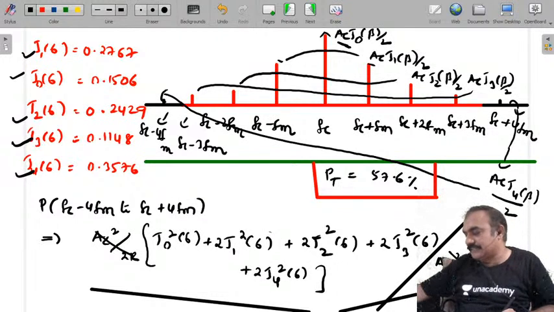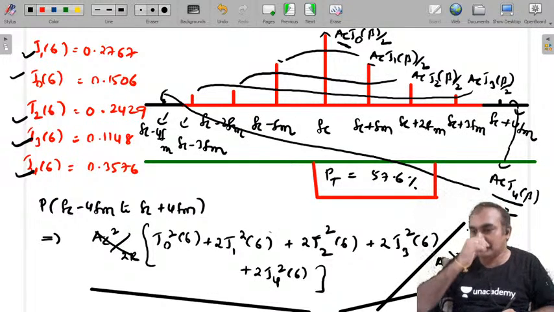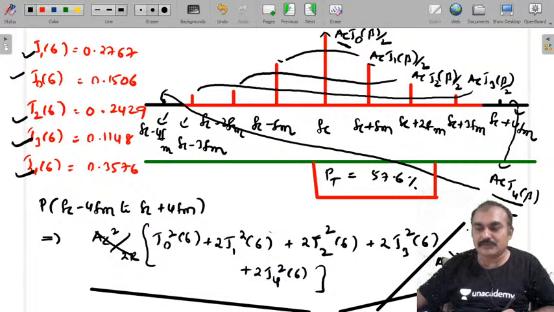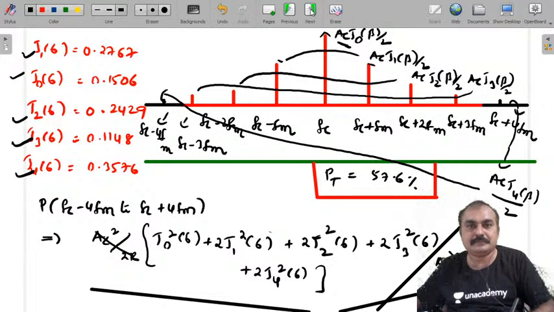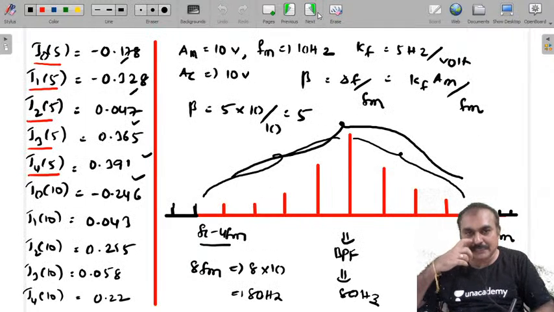Okay, now he is asking the fraction of the total power contained in the frequency range of. He is asking the ratio of the total of all the powers divided by the carrier power. Okay, now you are getting it, my dear students. This problem is clear, everyone.